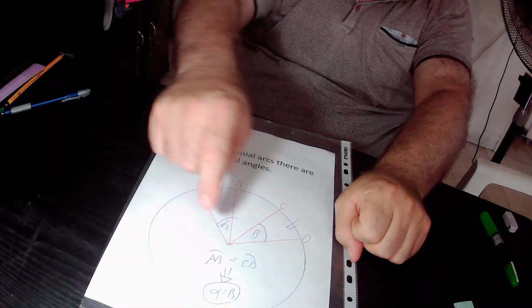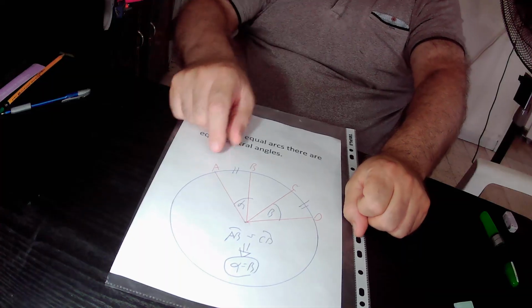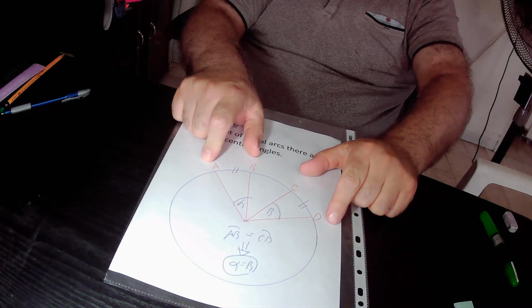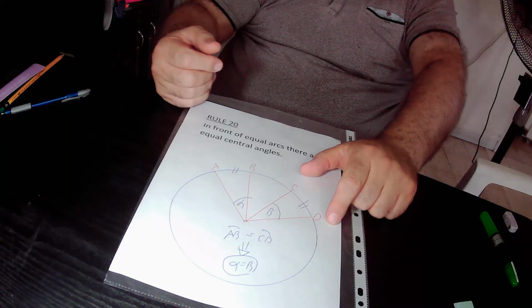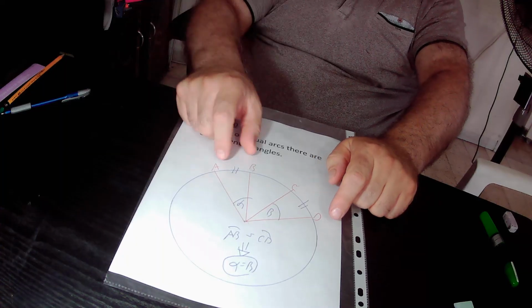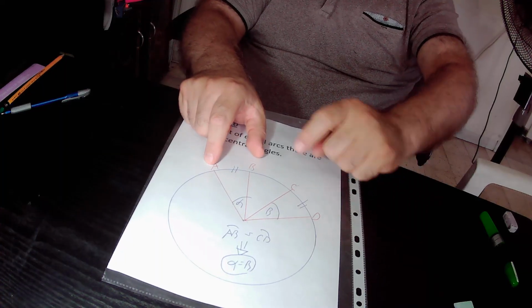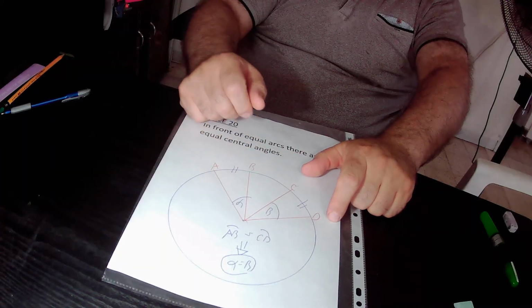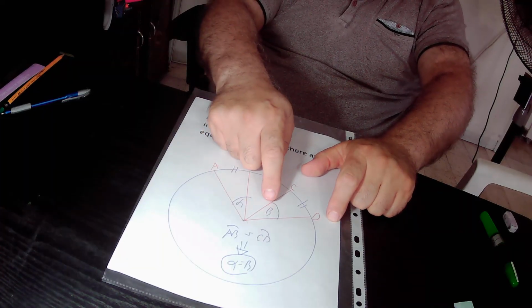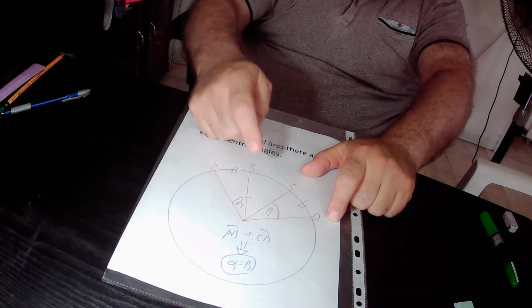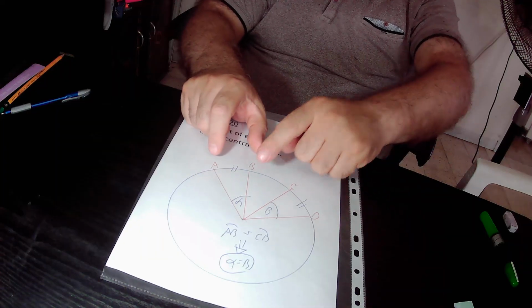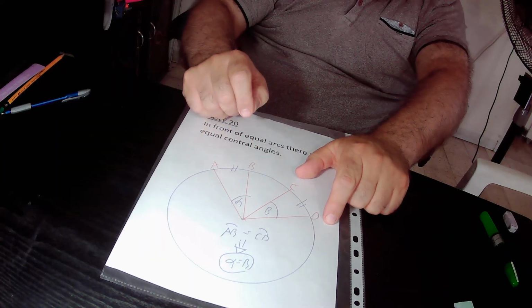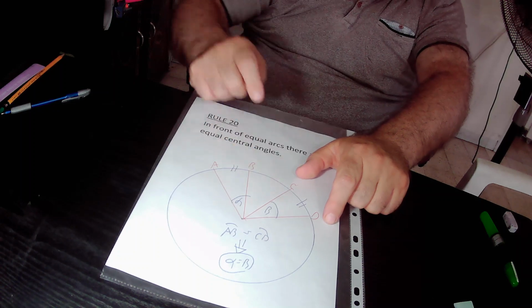So in the drawing we have a circle, and we know that arc AB equals arc CD. According to this rule 20, in front of arc AB we have center angle alpha, and in front of arc CD we have center angle beta.